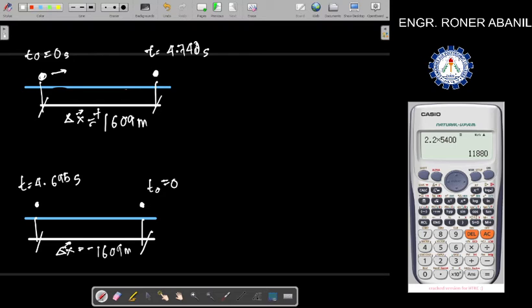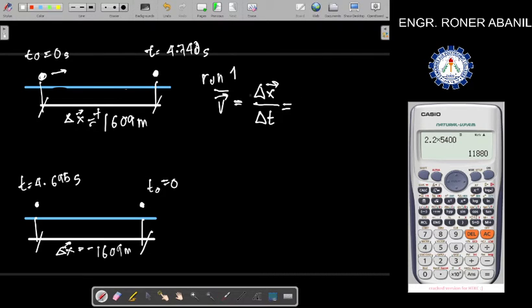Ngayon, isosolve na natin siya. So dito muna tayo sa run number 1. So yung average velocity natin dito, average velocity is equal to change in distance or x over the change in time.